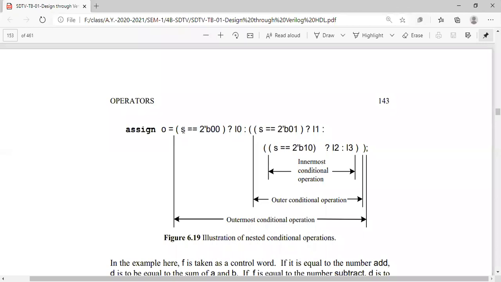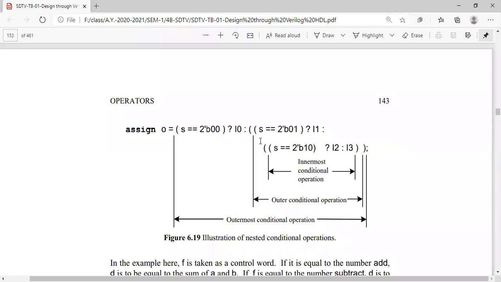The selection bits S are a 2-bit selection line. If it is 0 0, the output is I0. If the selection bit S is 0 1, the value of output will be I1. If the selection line S is 1 0, okay. When we want to evaluate, first we have to move from right to left.